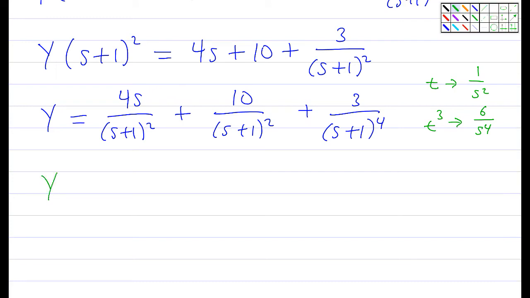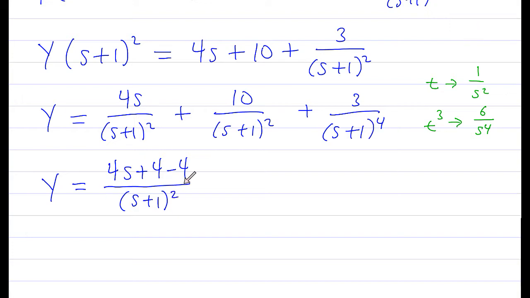Whoops. Wrong color. Can't have that. Okay. Now you're going to think this is a little weird, but I'm going to add 4 and subtract 4. I can do that because I'm really just adding 0. So I haven't changed this expression from here because I've just added 0.